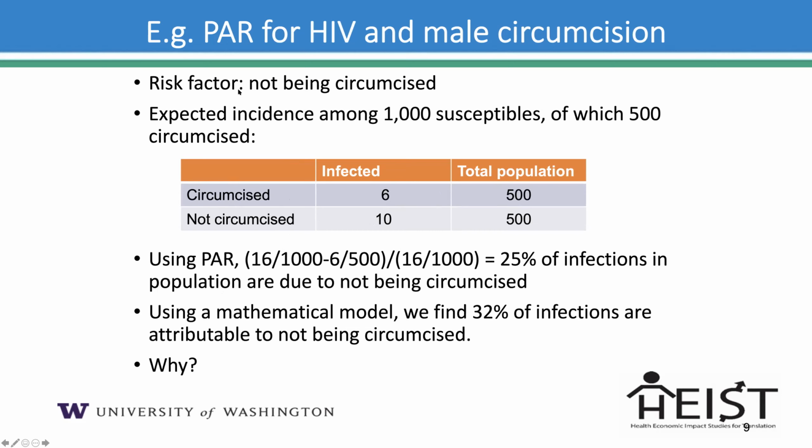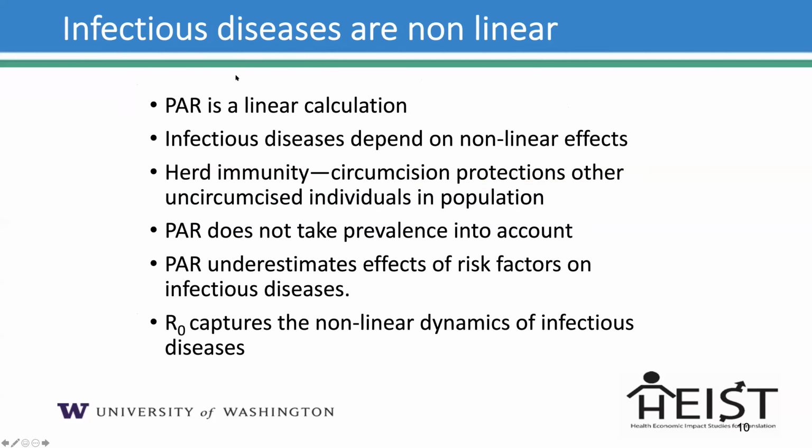But if we use a math model, we find that actually it's a little higher: 32% of infections are attributable to not being circumcised. And why is that? Well, this is really the crux of the matter: the population attributable fraction is a linear calculation, but infectious diseases depend on nonlinear effects. For example, if you think about the concept of herd immunity, circumcision also protects uncircumcised individuals.